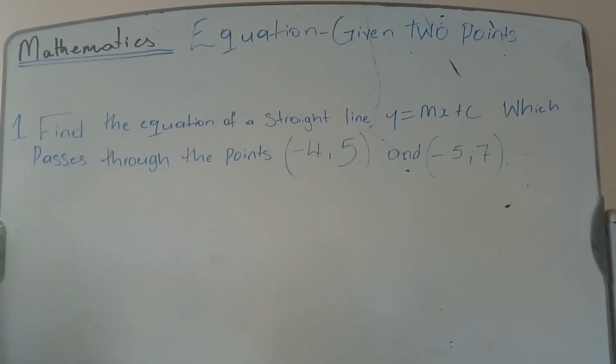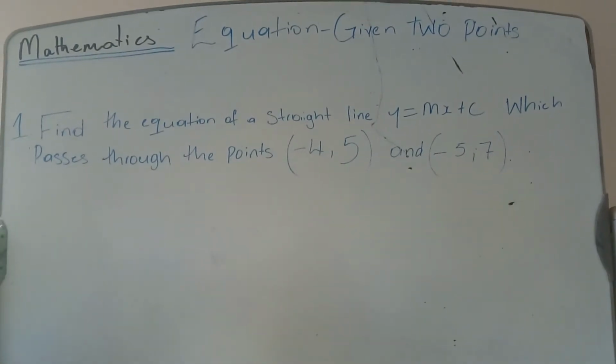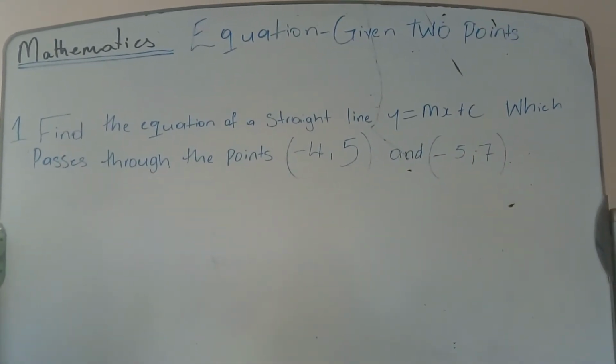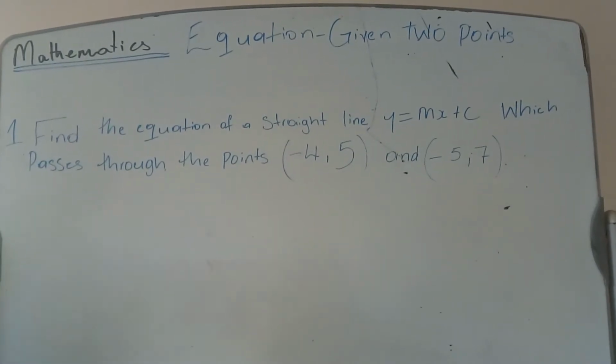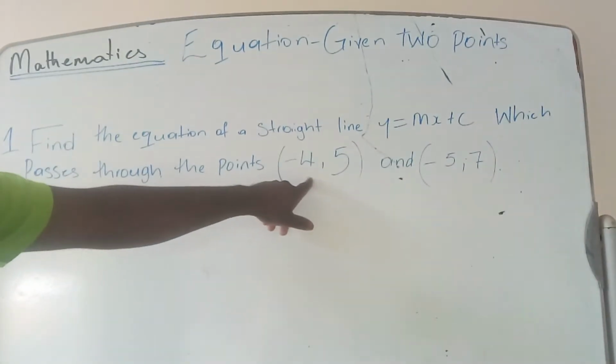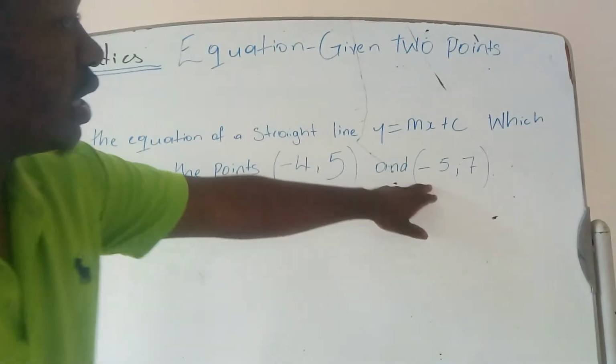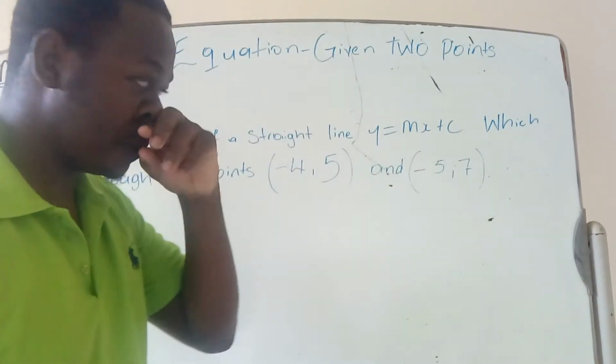Here we have an example on the board. Find the equation of a straight line y equal mx plus c which passes through the points -4, 5 and -5, 7.